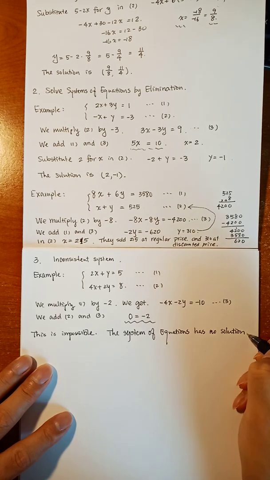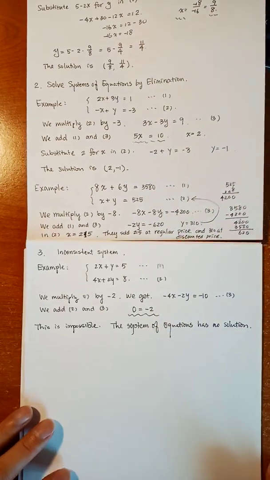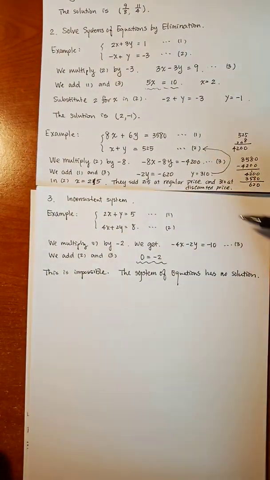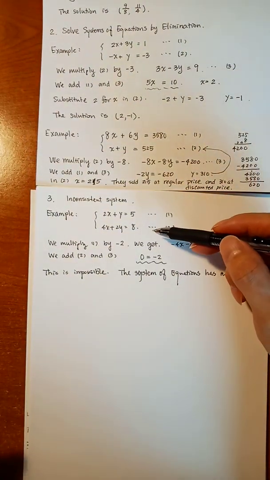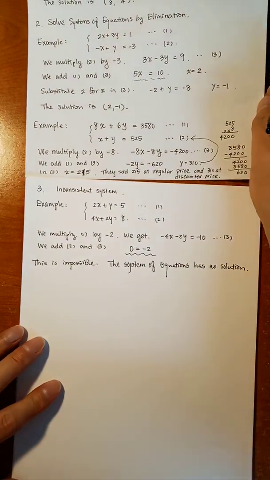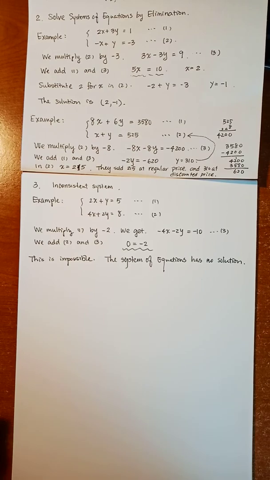Then the system is inconsistent. Okay? If you try to sketch the graph of those two lines, you will see they are really parallel. They have the same slope. They are parallel. Okay, so this is an inconsistent system.